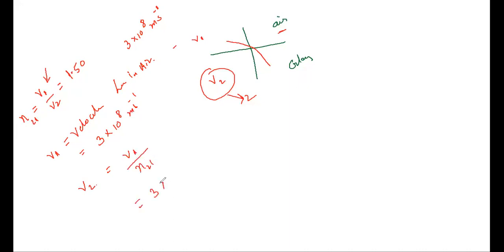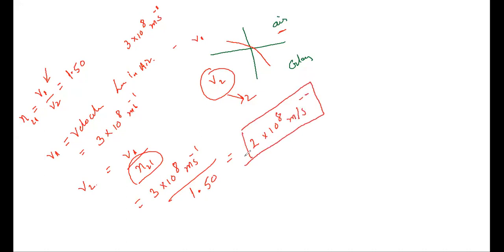So 3 into 10 to the power of 8 meters per second divided by the refractive index 1.50, already given. With simple mathematics, you will get 2 into 10 to the power of 8 meters per second as the speed of light in glass.